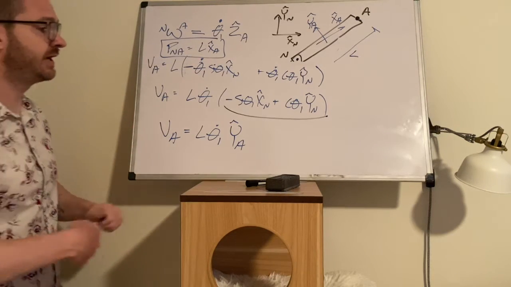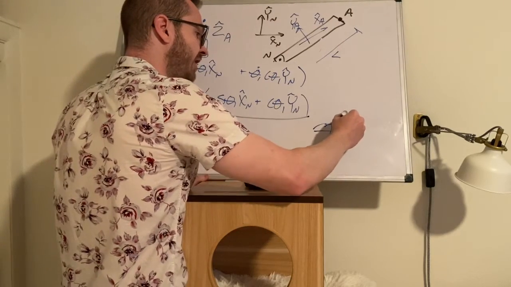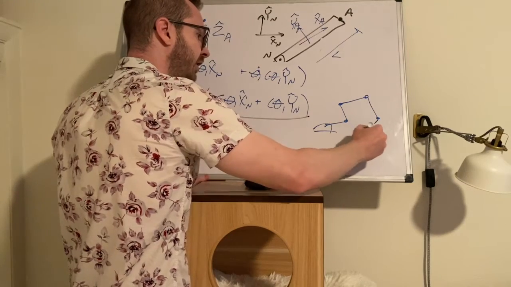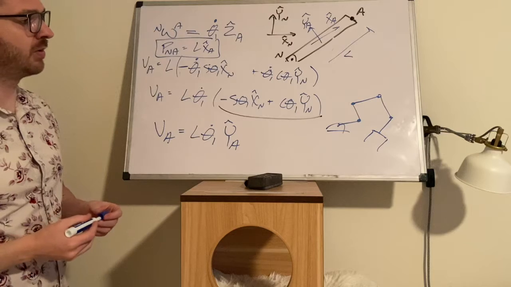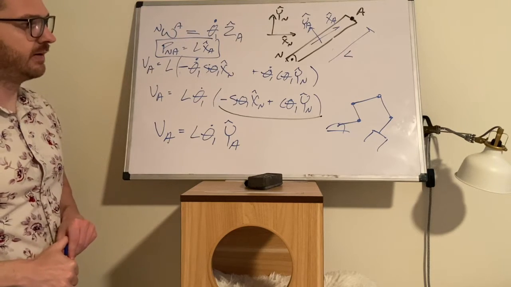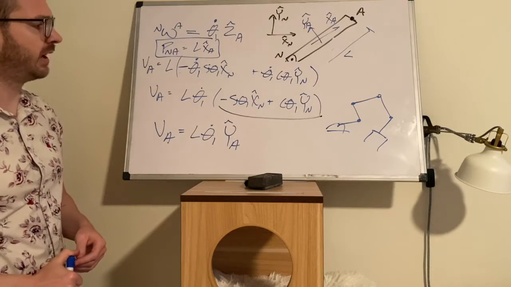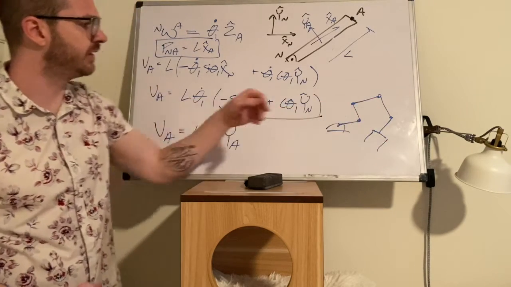And you can imagine having something like a robot where you have A frame, B frame, C frame, D frame, E frame. And we want to know what is the velocity of the end of the robot. Well, you're going to have to use relative angles on that robot, just because of the sensors at the joints.